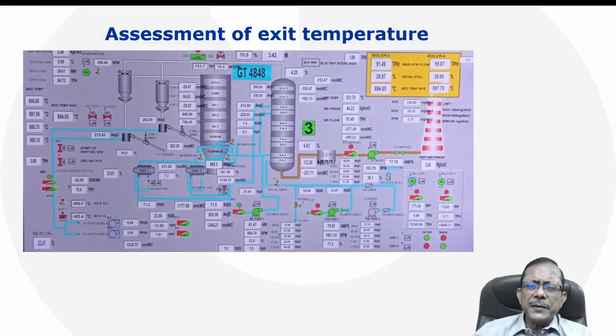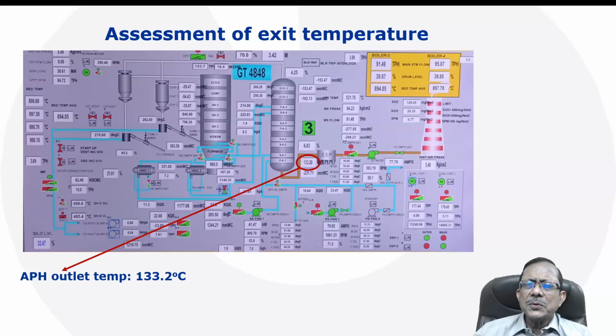Suppose very recently I have seen a system, right, and they are worried about a huge amount of unburnt. And when I checked their air and flue gas system in their DCS, I found a few things. One is that the gas temperature was reasonably good, as good as their design temperature. But what about the leakage factor?